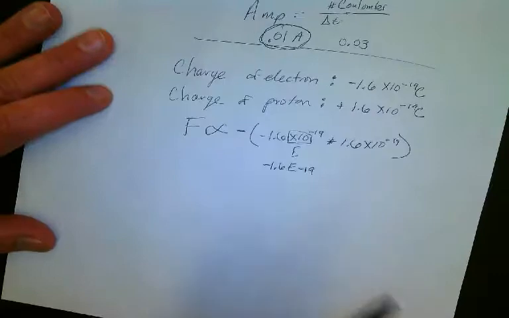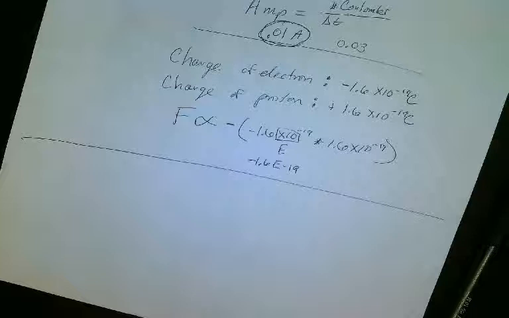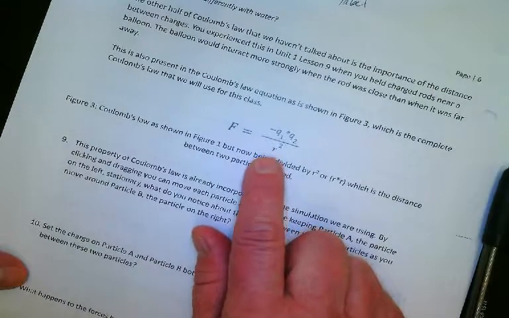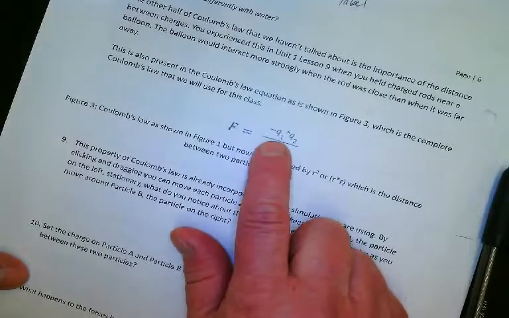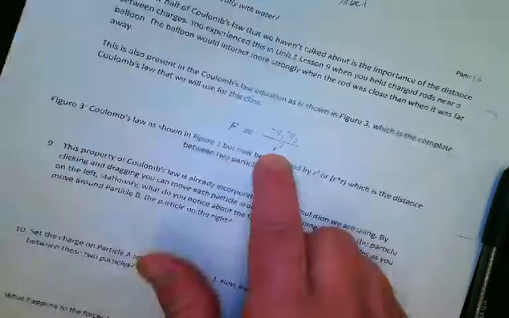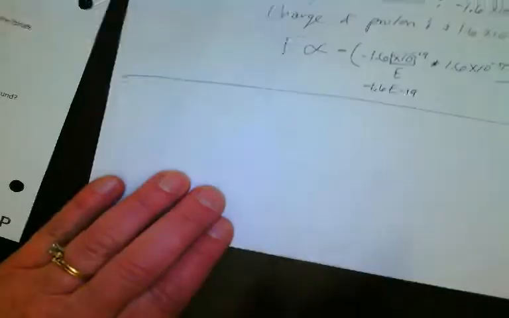Okay, now there's something we haven't talked about yet, and that is another part of this equation. And that was on page 6. It was the radius. So we just explored this part. Now we're going to explore the radius. What does the radius mean? So now let's add that to our equation.